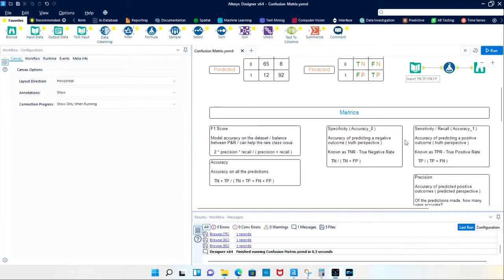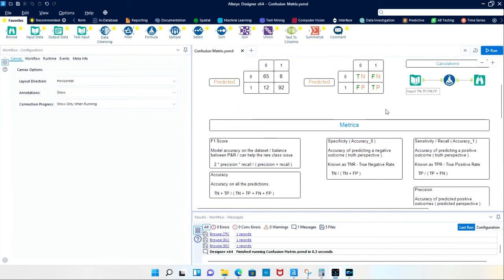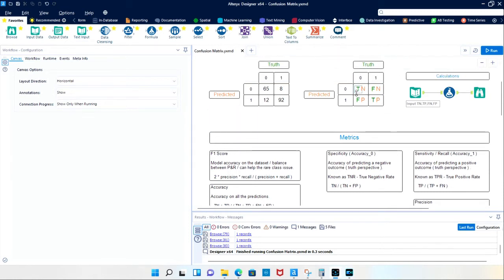And I've added the truth perspective on it because what that is here is this column perspective, so to speak. It is true negative divided by true negative plus false positive, so it's a truth perspective.